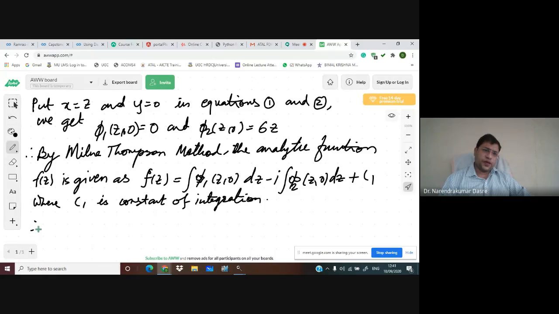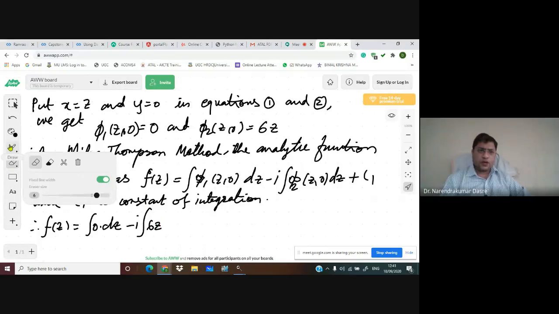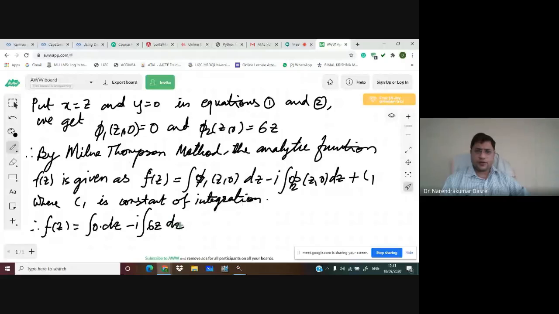Okay, so we get here f of z is equal to integration 0 dz minus i integration 6z dz plus c1. Now, are you done up to this one?